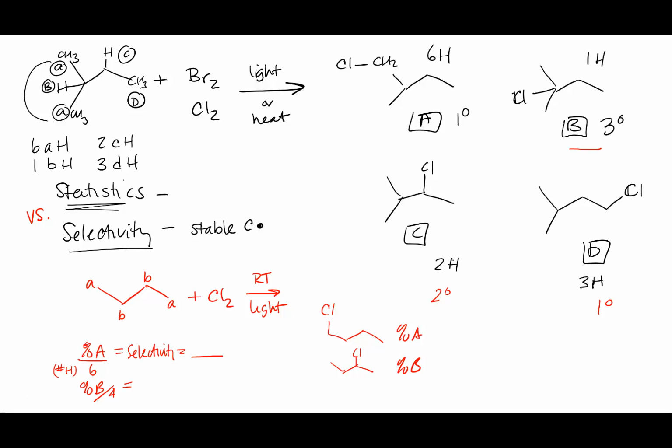But if I take the percentage of B divided by the number of hydrogens, and I take the percentage of A and divide it by the number of its hydrogens, what I end up with is a ratio of how fast you can form the secondary radical versus how fast you can form the primary radical. And so this ratio is what we call our selectivity.